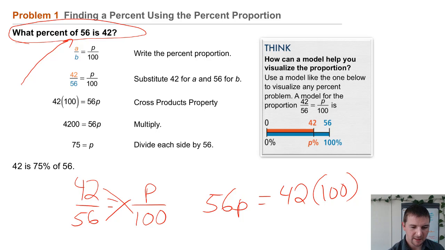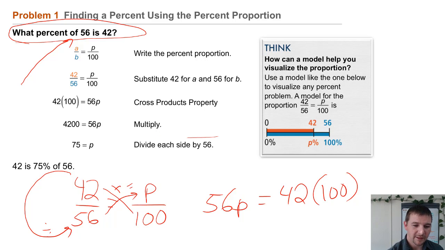Or we can use the looping around technique, where we begin with the two cross products that don't have a variable involved, and we multiply those, so 100 times 42, and then we take that product and divide it by the remaining number, and that always leads us to the variable.